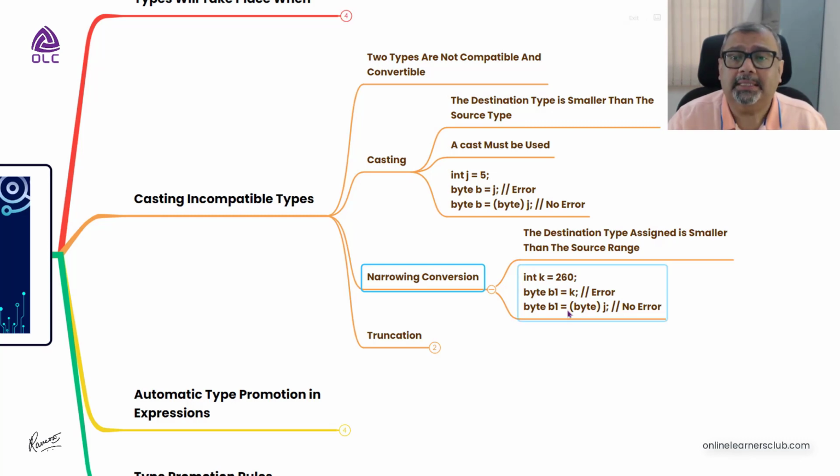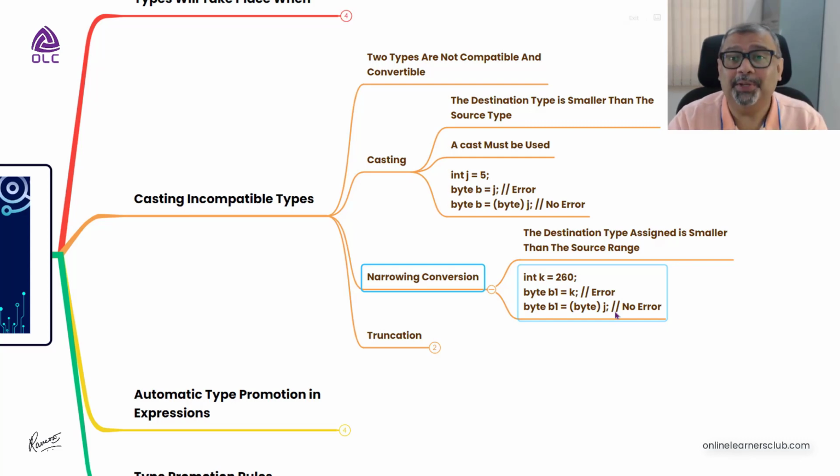When you do this casting, there is no error, but logically a narrowing conversion has happened. The byte will just take the data that is there and narrow it down, and whatever is left over it will automatically consider as the value. We will see that in the hands-on exercise to help you get more clarity.